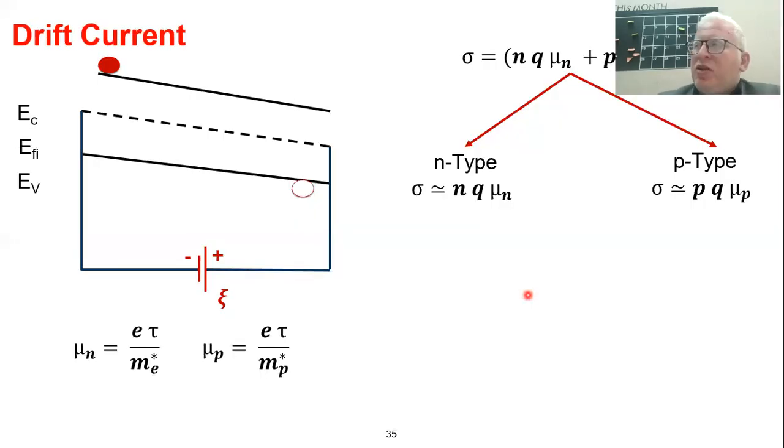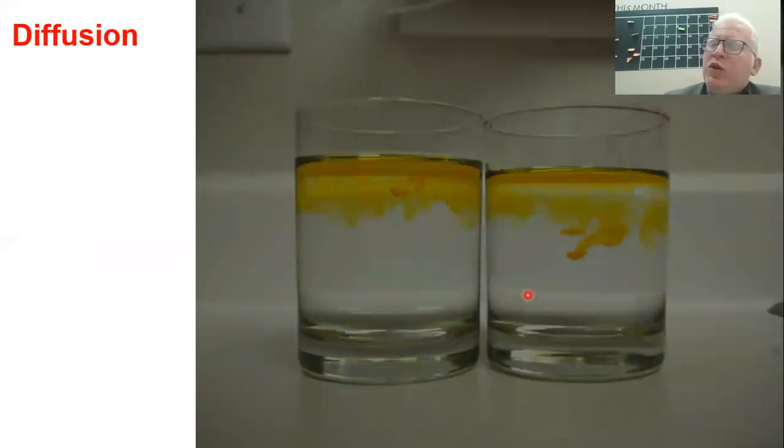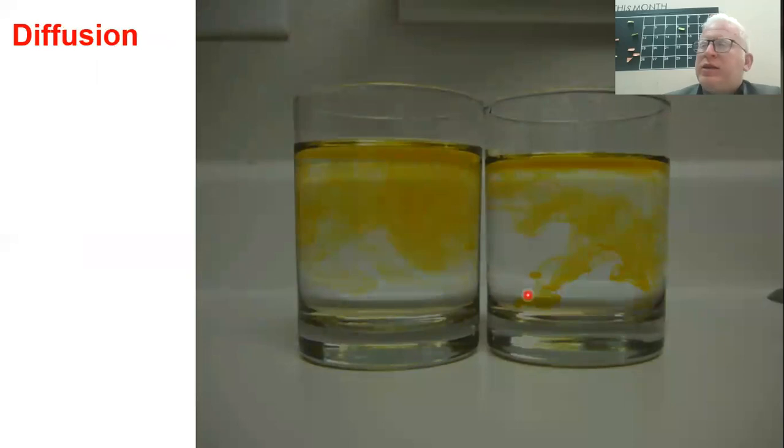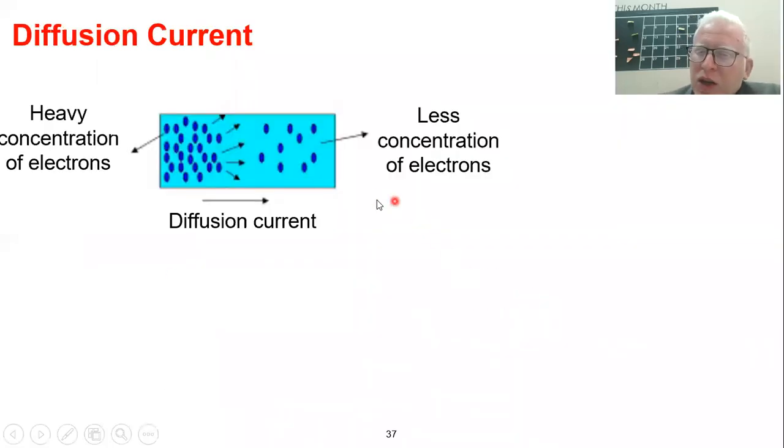What is the other form of current? It's what's called the diffusion current. What is a diffusion current? Let's work it out together. Let's assume that for some reason or another, your carriers are not uniformly distributed in the material.